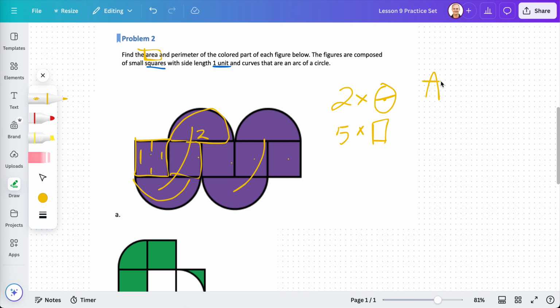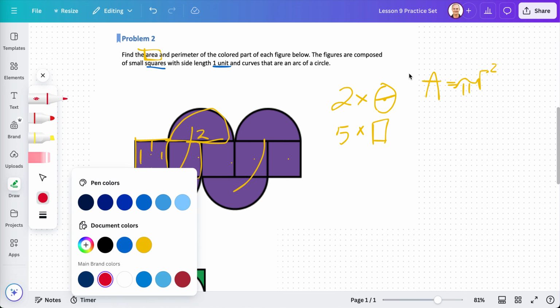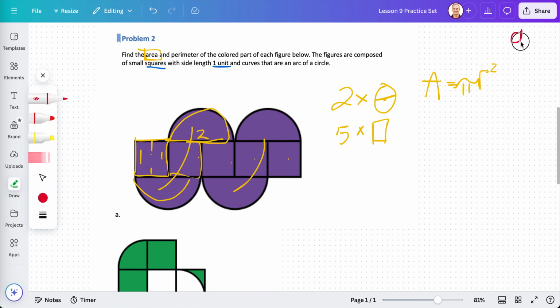Area equals pi r squared. And we have the diameter here, but we don't have the radius, but I do know that the radius is diameter divided by 2. And so the diameter is going to be 2.